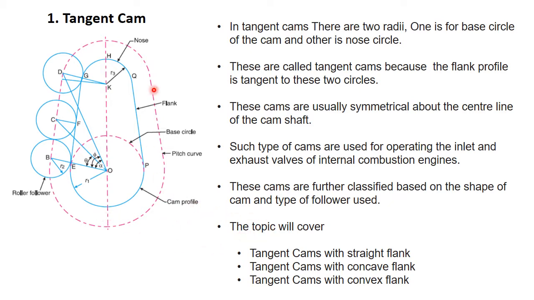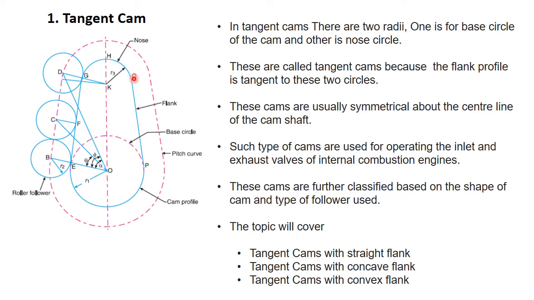Under these topics, the tangent cams are of three types. One is tangent cam with straight flank, second is tangent cam with concave flank, and third is tangent cam with convex flank. So this is the flank. When it is straight, we can say it is a tangent cam with straight flank.